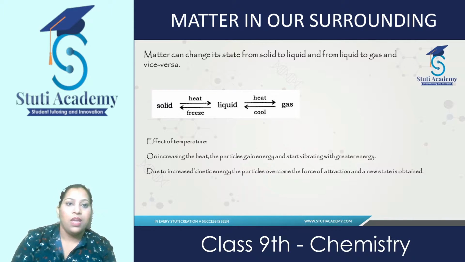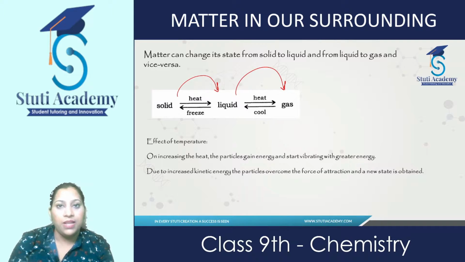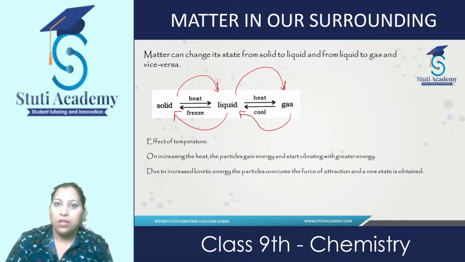When we provide heat to a solid, it changes into liquid, and when we continue to apply heat, the liquid changes into gaseous form. When we decrease the temperature, gases change into liquid and liquid changes into solid. So this is the conversion of states of matter from one form to another.